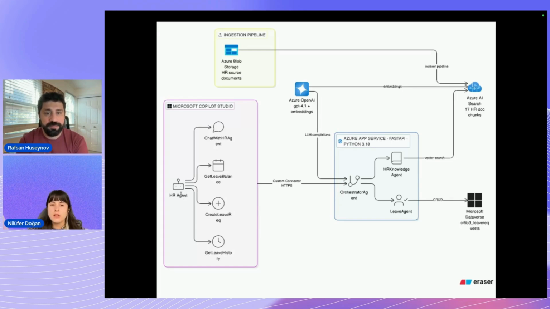When we ask a question, it first detects in the background, with the default orchestration in Copilot Studio, where my question stands and which agent will solve it. So basically, we have four tools here. First, chat with HR agent. Second, get leave balance. Third, create leave request. And the last one, get leave history.